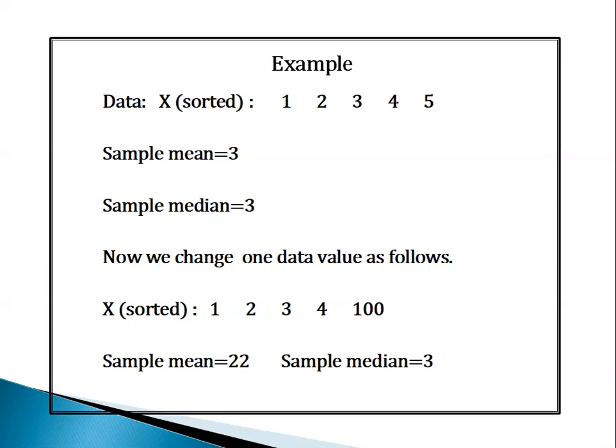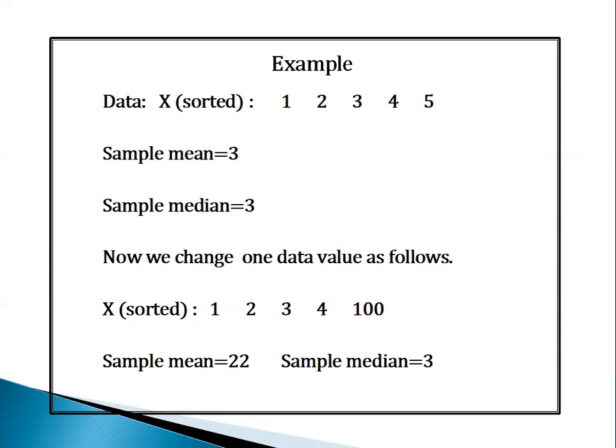There are 5 observations, so n is equal to 5, and the observations are 1 plus 2 plus 3 plus 4 plus 5, divided by the number of observations. 1 plus 2 is 3, 3 plus 3 is 6, 6 plus 4 is 10, 10 plus 5 is 15.